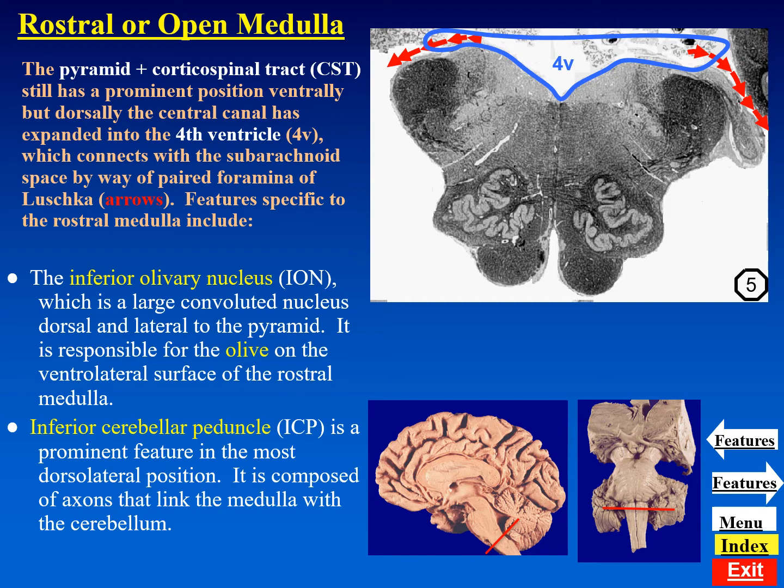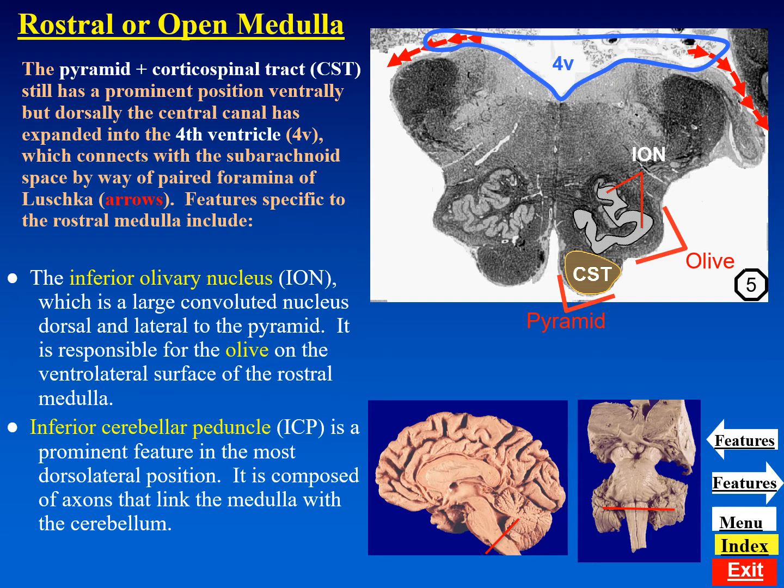Most ventrally, we see a prominent collection of fibers known as the corticospinal tract. This is a primary motor pathway, and its surface feature, the pyramid, is noted here on this section. Immediately dorsal to that, we see a very highly convoluted nucleus, the inferior olivary nucleus, and its surface feature is known as the olive.